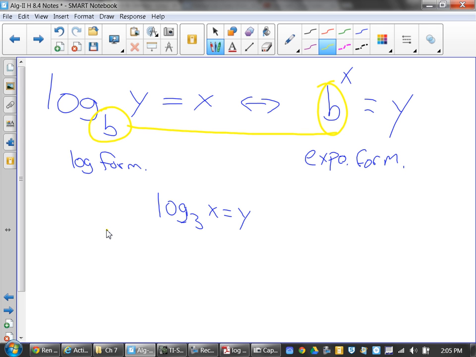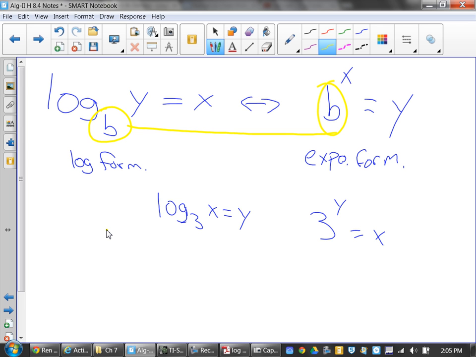So if it's log base 3 of x equals y, I want you to see that these x's and y's don't necessarily always mean a y and an x in that order. It's just some variable, some value. If I want to write that in terms of an exponent, it would just be 3 to the y is x. That's how you switch them back and forth. It's just quick back and forth like that.